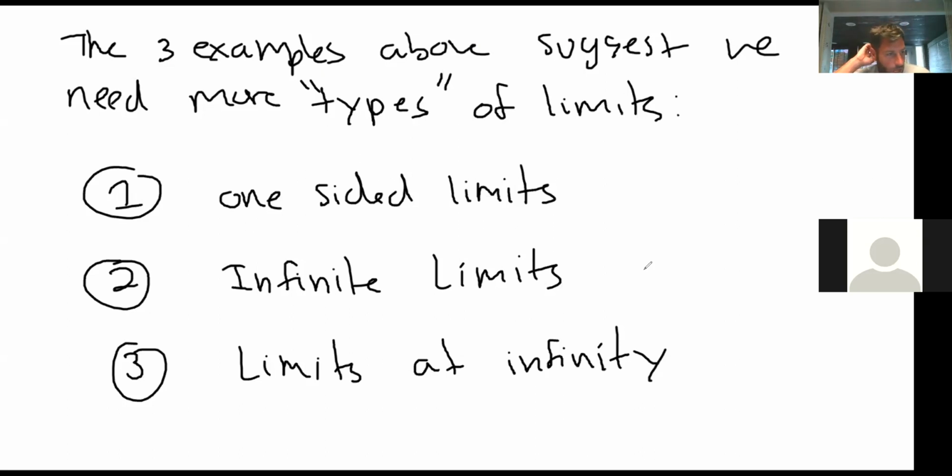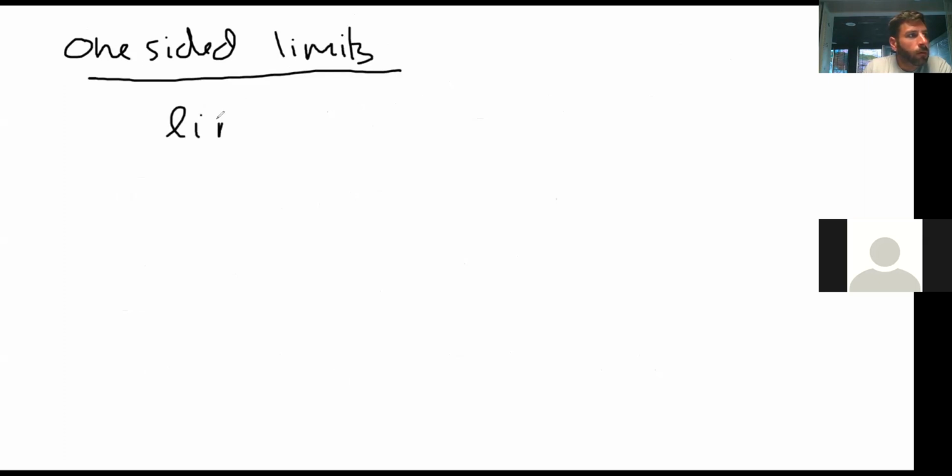So I'm not going to write down these definitions because they're very similar to what we wrote down for the definition of a limit, and you can easily read them if you need. So what does a one-sided limit look like? One-sided looks like this. We could approach A from the right.